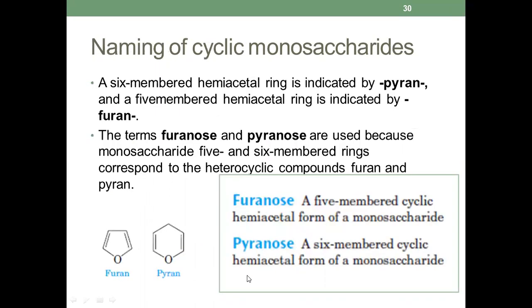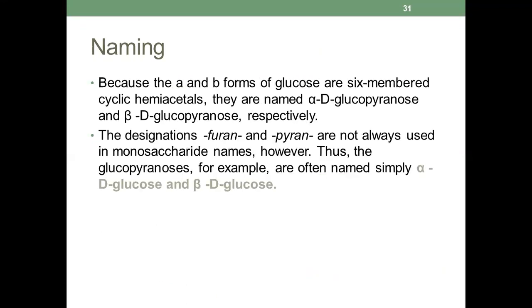Okay. So again, furanose is a 5-membered cyclic hemiacetal form of a monosaccharide, and we call it pyranose for a monosaccharide having a 6-membered cyclic hemiacetal. Later we'll see how a furanose looks.